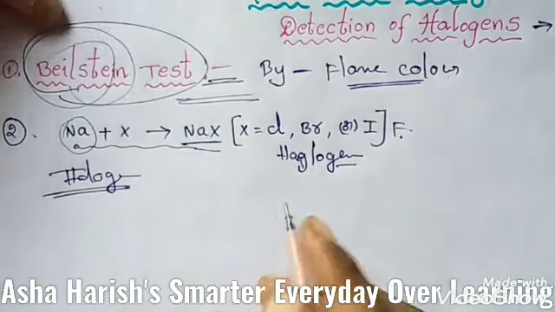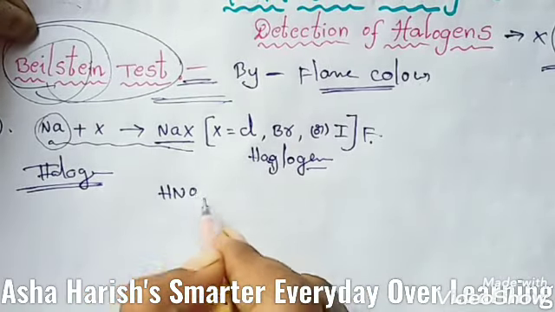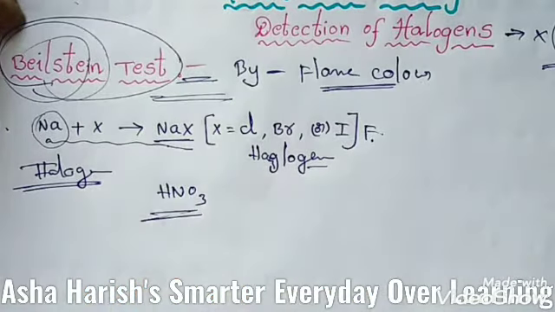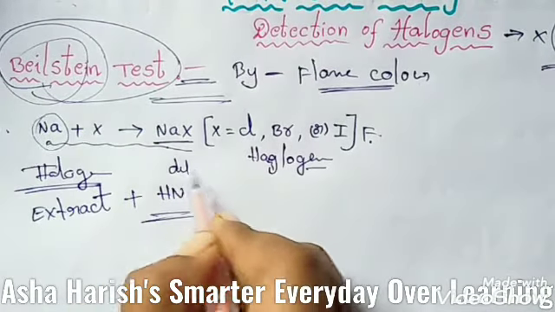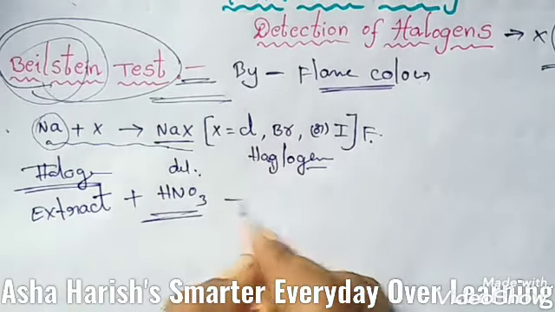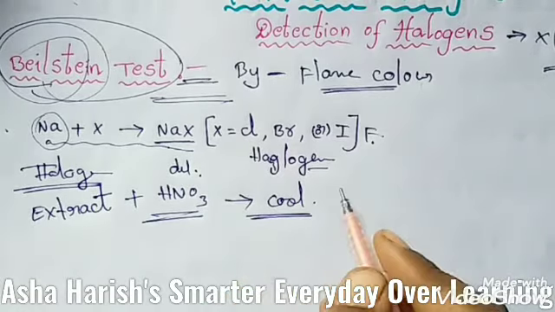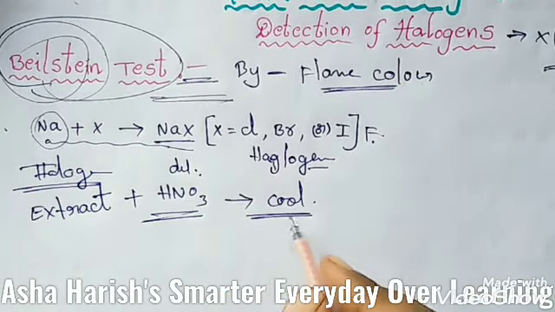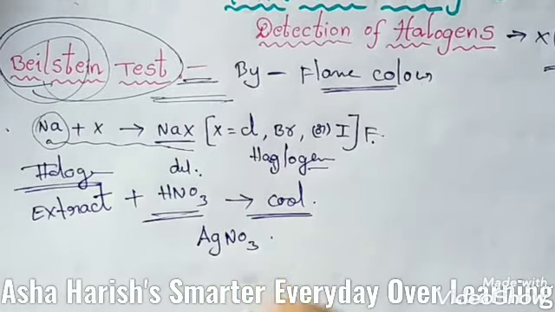Take a part of the Lassaigne extract and boil it with dilute HNO3. Extract plus dilute HNO3, then you have to cool it. A few drops of silver nitrate solution, AgNO3, are then added.